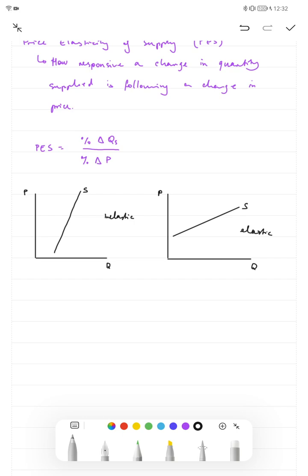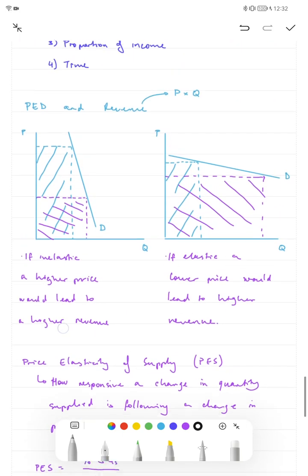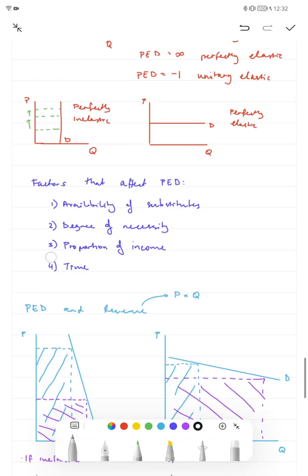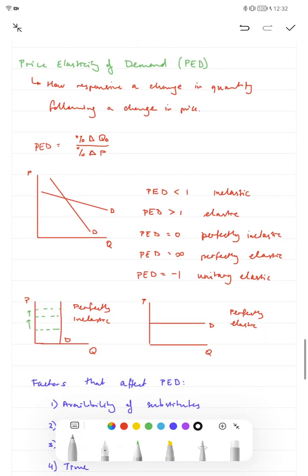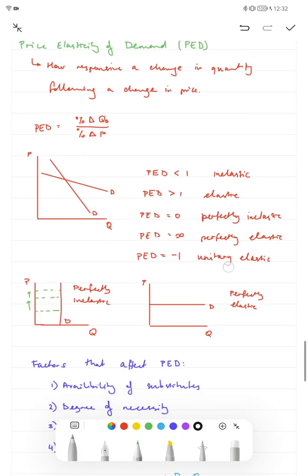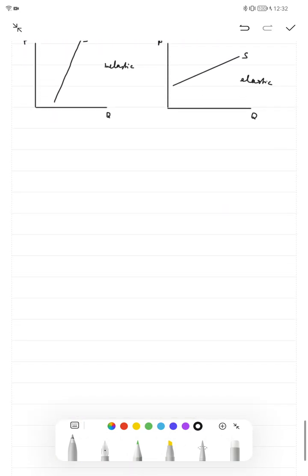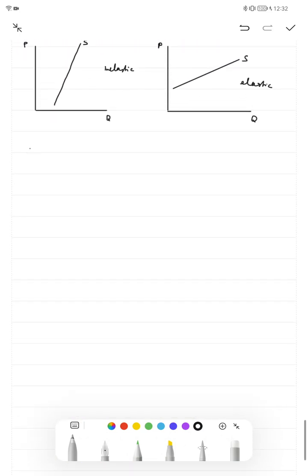Now, it has the same kind of numbers as the PED. If your PES is less than 1, it is inelastic. If your PES is greater than 1, it's elastic.